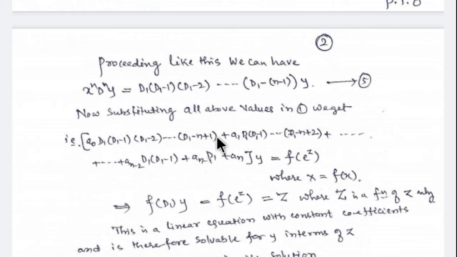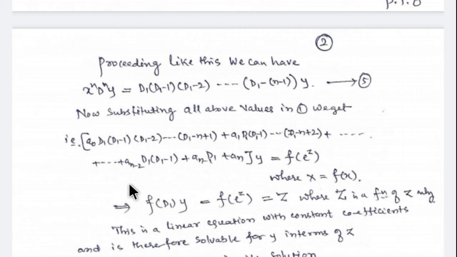Similarly the next term is a1 into x raised to n minus 1 Dn minus 1, replaced by D1 minus 1 and so on, each time 1 less, up to minus n plus 2. By seeing the above nature, you can replace this.